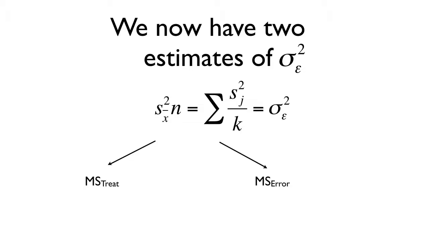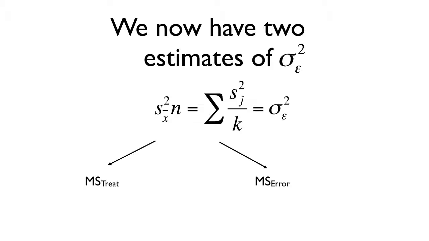Now let's take a look at this. We started off by assuming that all the groups were equal. Let's pretend that's not true, because we're going to hope that's not true. Let's hope, in fact, that there's an actual statistically significant effect.